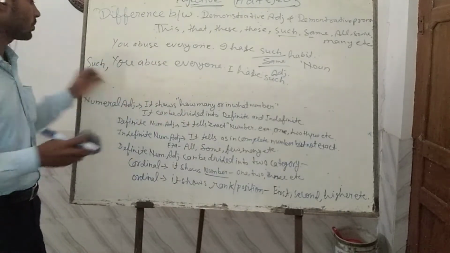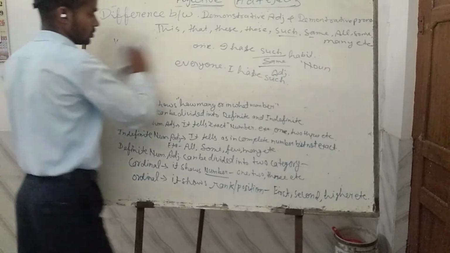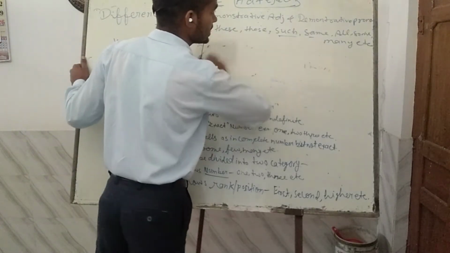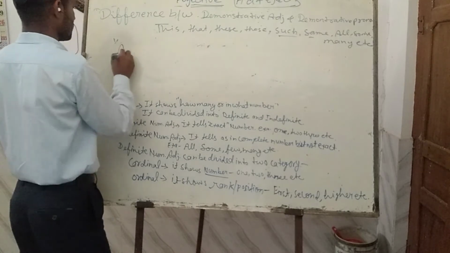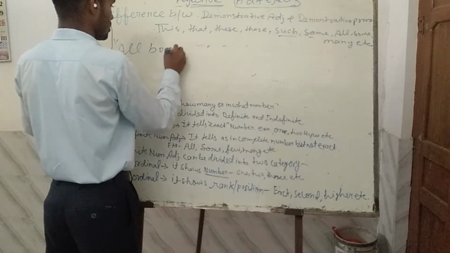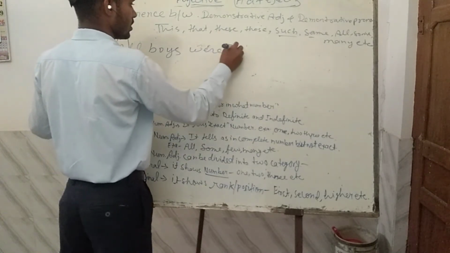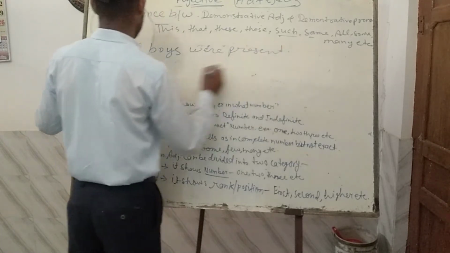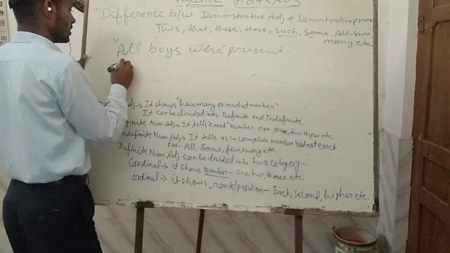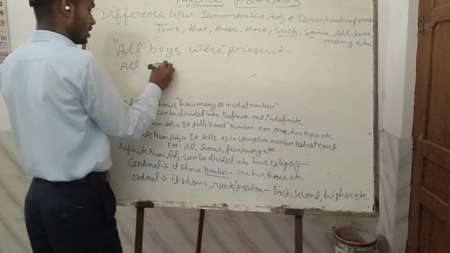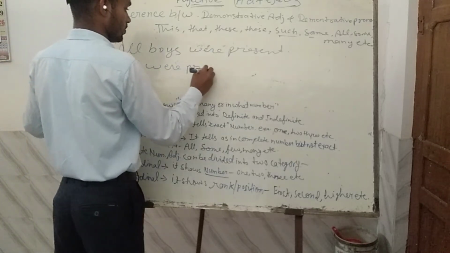This is the example of distributive pronoun. In same way, all, some. All boys were present. Same way you can say all were present.